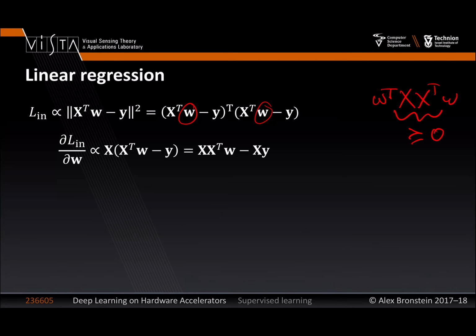And basically, how do we find this minimizer? We take the gradient with respect to W and we equate it to 0. So we demand the gradient to be equal to 0. This is a necessary optimality condition, and in the case of convex functions, it is also a sufficient condition.